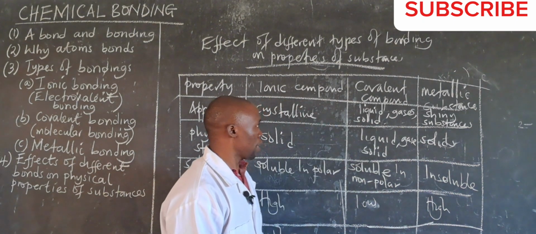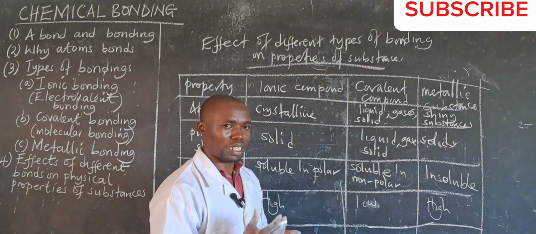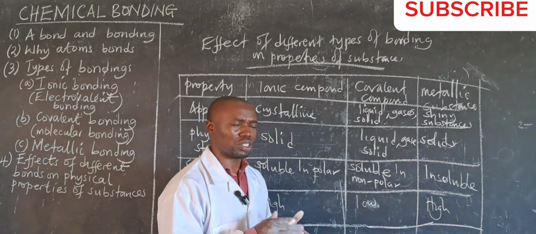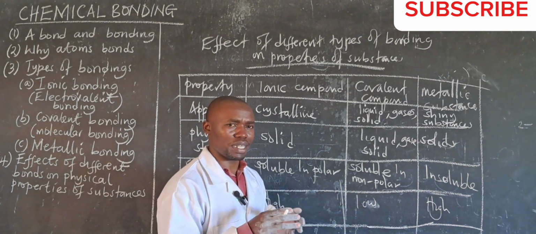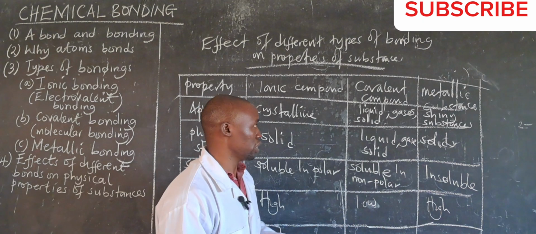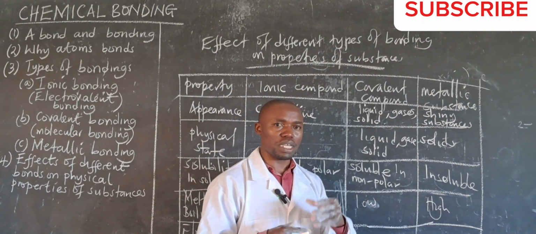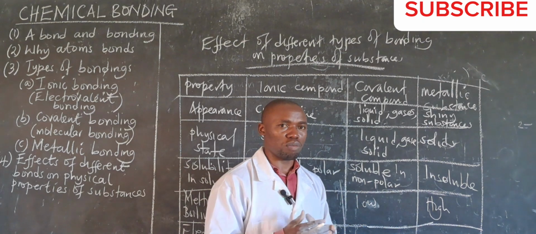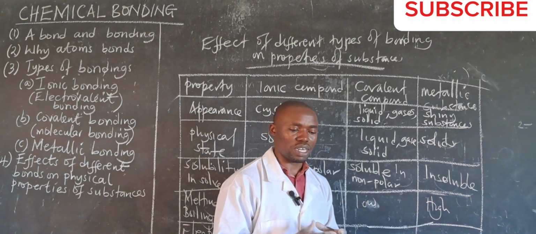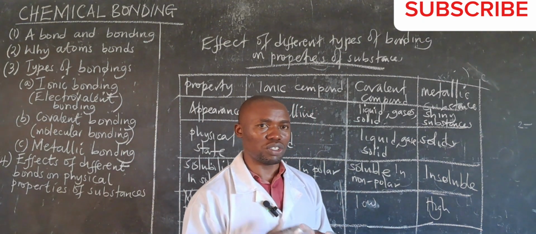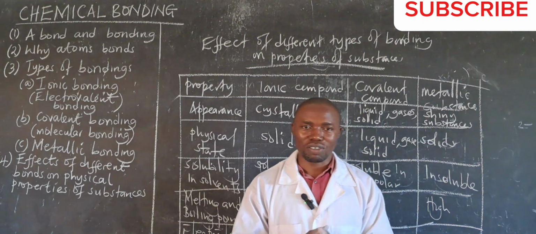Covalent compounds do not conduct electricity because they normally consist of molecules, not ions, though there are a few exceptions. Metals conduct electricity in solid form and in liquid form. Whether you melt it or not, it can conduct electricity because it uses electrons to conduct.